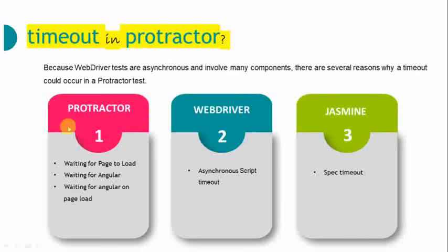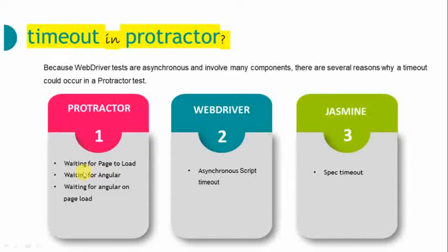You can go through these slides to understand the causes of a timeout error thrown by the Protractor script. One timeout is thrown by Protractor, another is thrown by WebDriver, and another is thrown by the Jasmine framework.